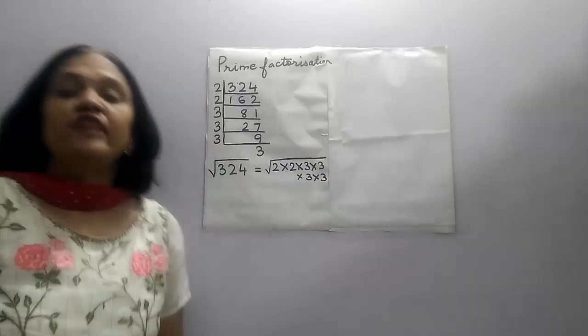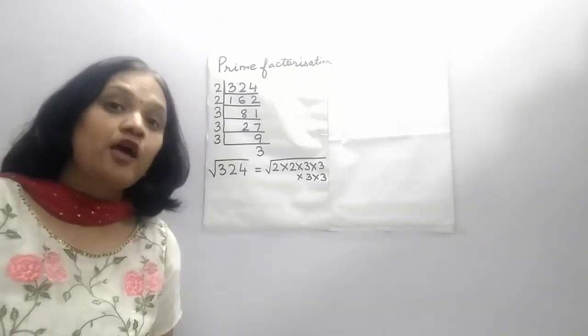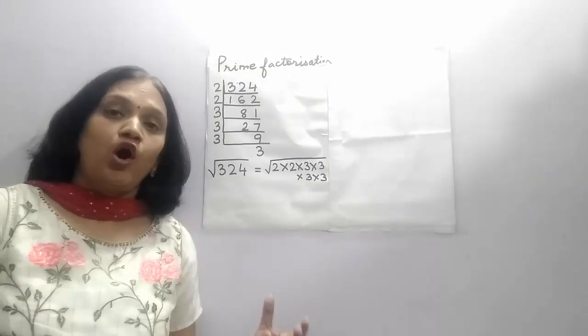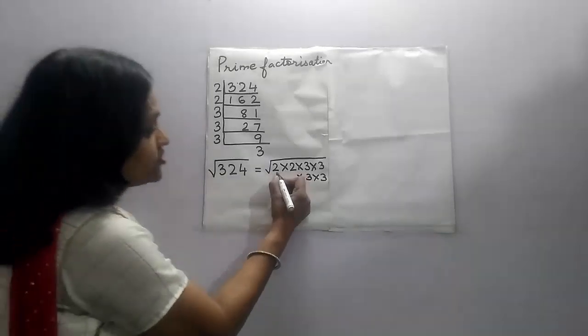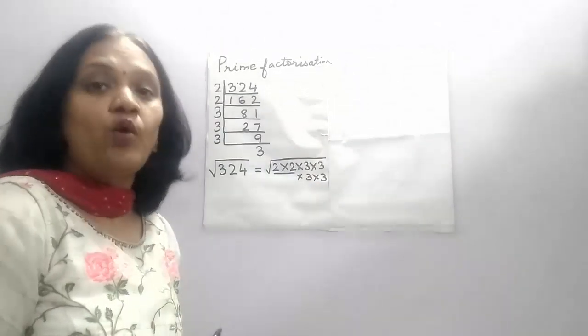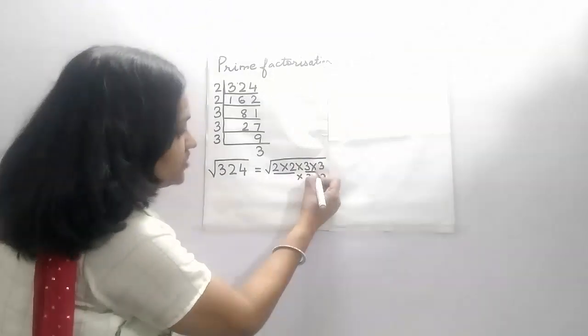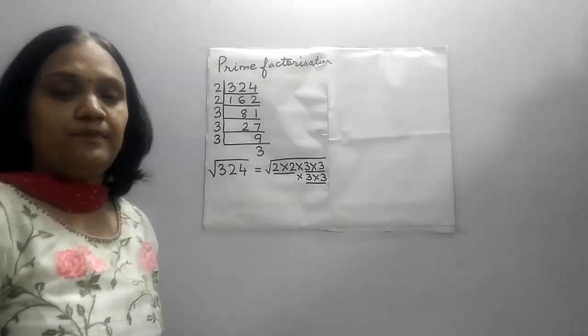this. Now when we find square root using the prime factorization method, we make pairs of the numbers which are same. So we have two 2's over here of which we'll make one pair, 3 into 3 another pair, and 3 into 3 another pair.